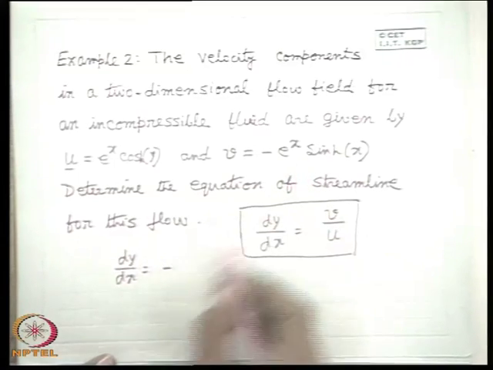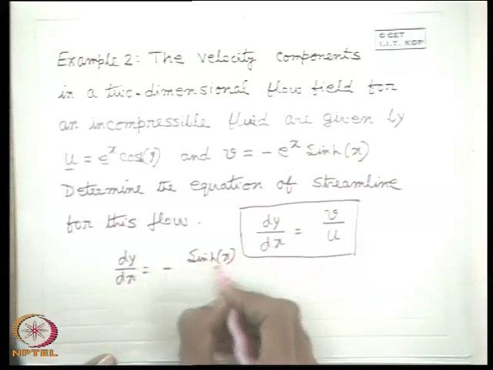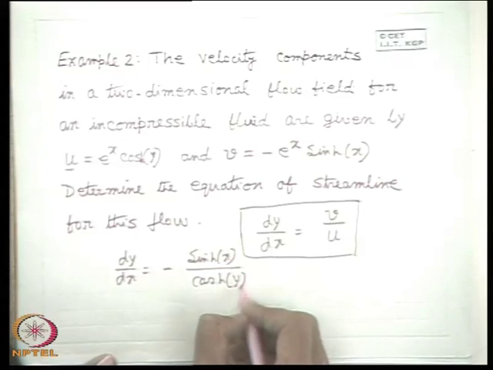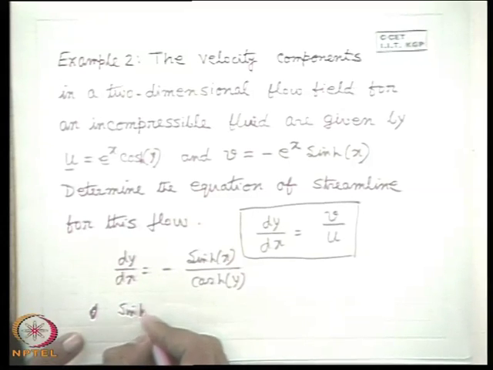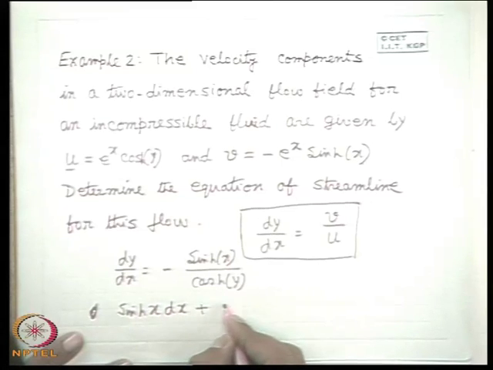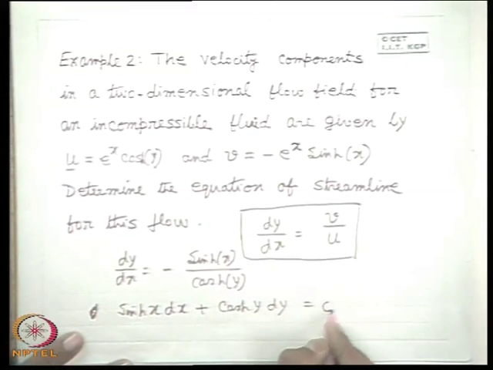That means minus sin hyperbolic x by cos hyperbolic y. So, if you make it like this, sin hyperbolic x dx plus cos hyperbolic y dy is 0.